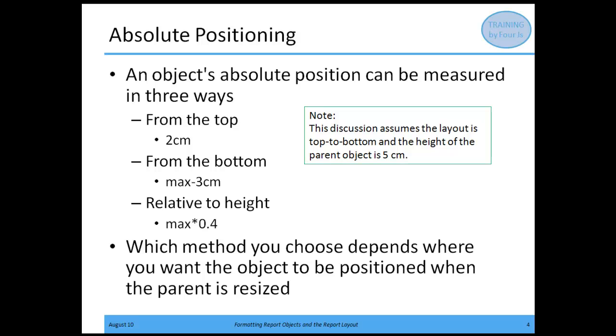If you're measuring it from the bottom, by increasing the height, you're lowering the item. If you decrease the height, you in fact raise the item up so that it's less than 2 centimeters down from the top. And if it's relative to height, it's always going to be proportional to the height, however large or small you make that.